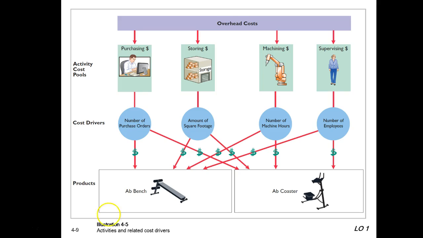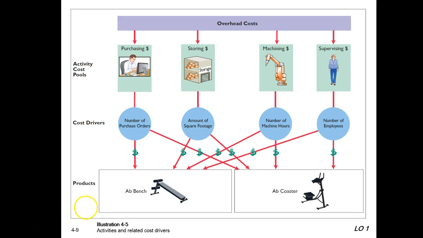So if we look here, we find drivers based on the various activities. Number of purchase orders would be a very reasonable driver for the purchasing department. And amount of square footage would be an acceptable driver, what drives the cost, for the storing department.